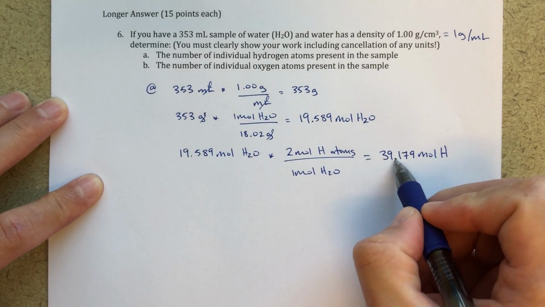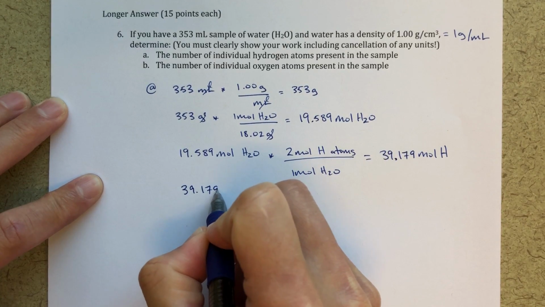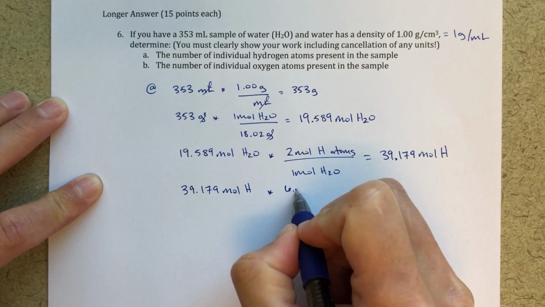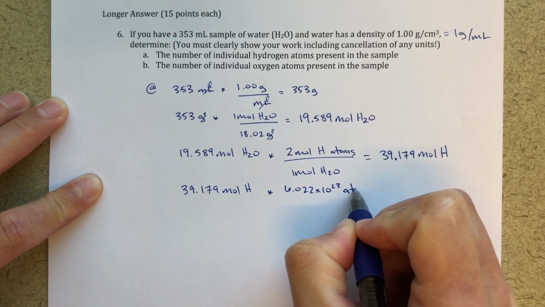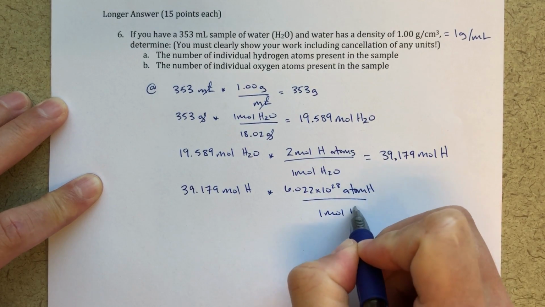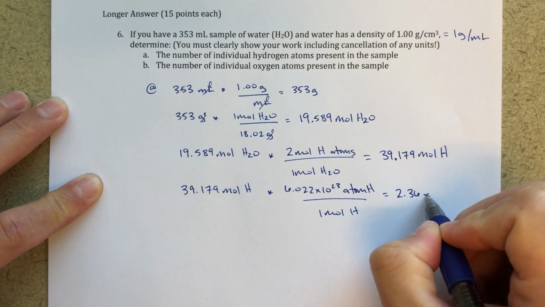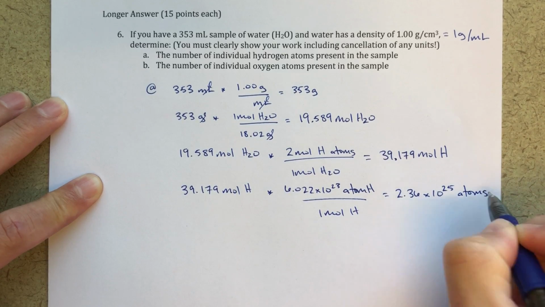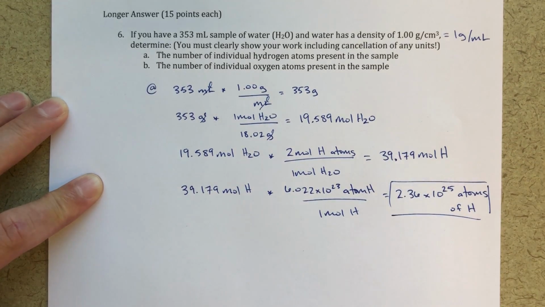I'm going to take this number of moles, 39.179 moles of hydrogen, times Avogadro's number, 6.022 times 10 to the 23rd atoms of hydrogen divided by 1 mole of hydrogen, which equals 2.36 times 10 to the 25th individual atoms of hydrogen. So that's my answer for part A.